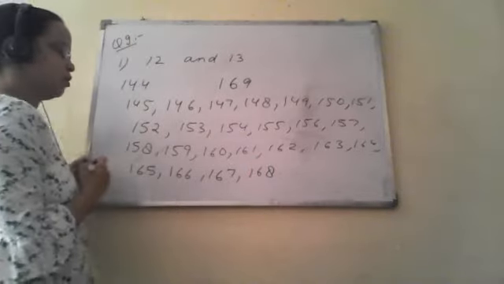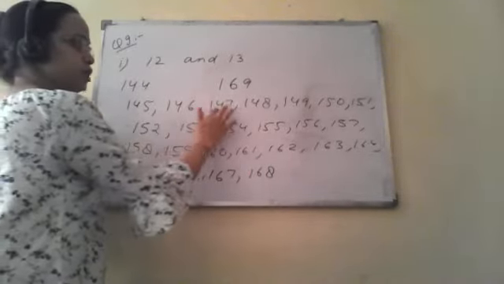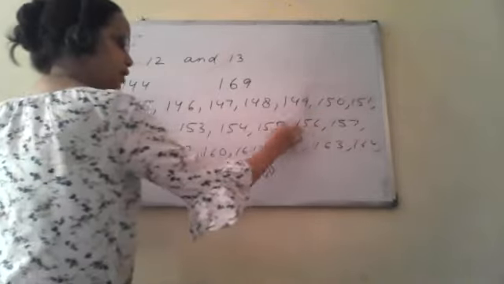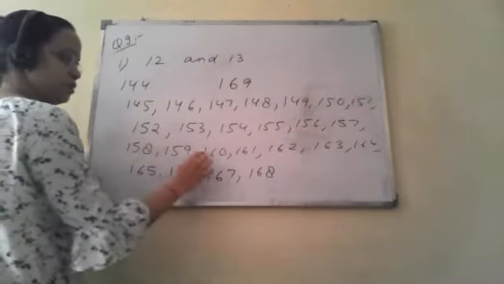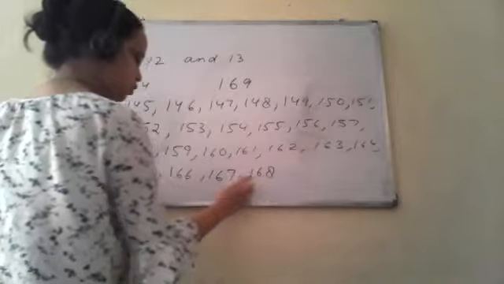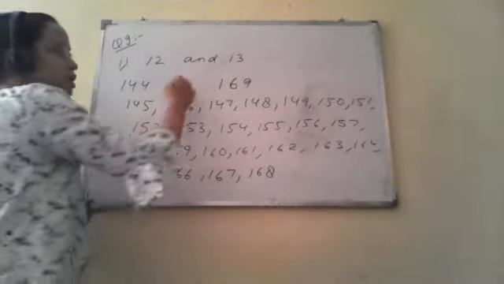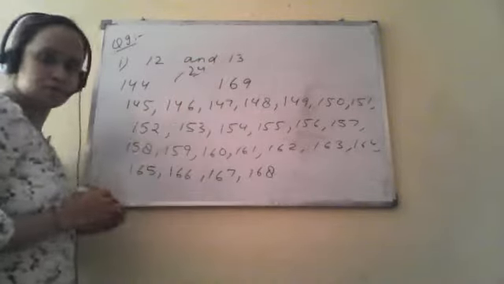Okay. So how many numbers are there? 1, 2, 3, 4, 5, 6, 7, 8, 9, 10, 11, 12, 13, 14, 15, 16, 17, 18, 19, 20, 21, 22, 23, 24. So there are 24 numbers in between.